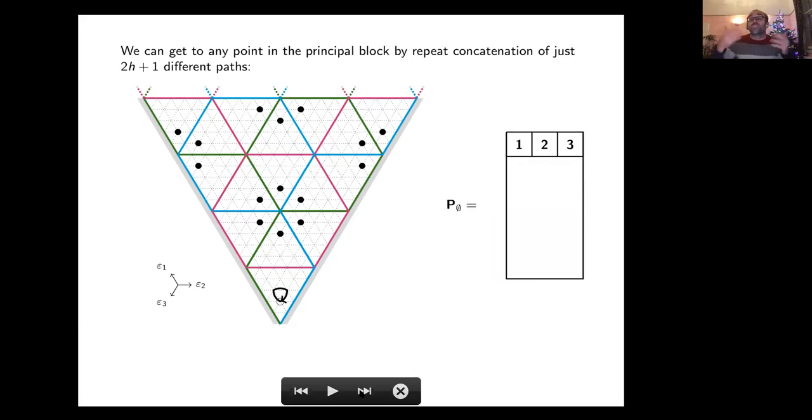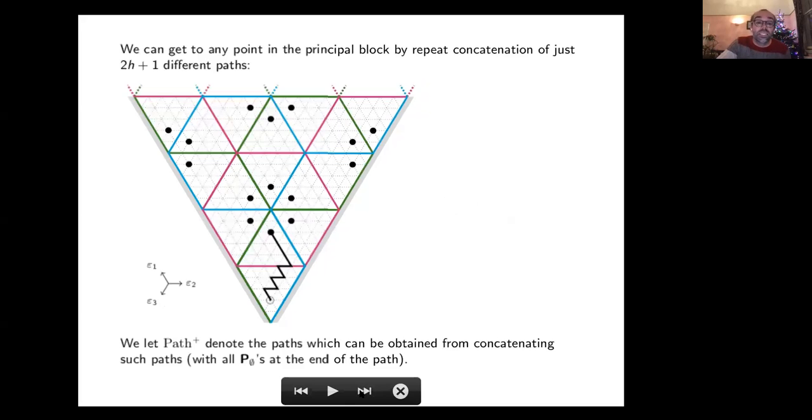So for GL_h, you need a determinant, and what is a determinant? Well, we're using transposition, so it's just the one row partition that you add. So there's 2h plus 1 different paths, and that's enough to get to any point.